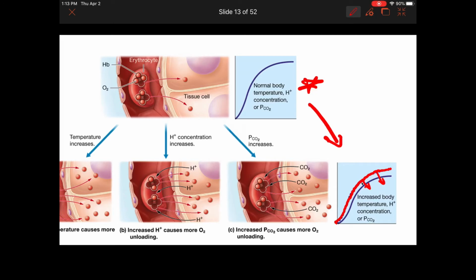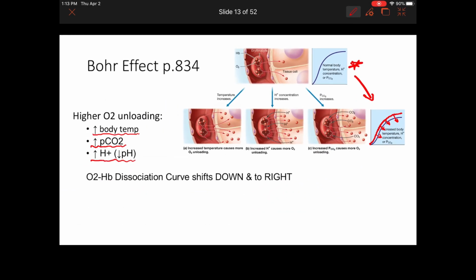Because oxygen does not stay bound to hemoglobin as tightly as it did, the hemoglobin will discharge the oxygen, and that shifts the graph down and to the right. This type of behavior, with the higher oxygen unloading, is referred to as the Bohr effect. The Bohr effect.